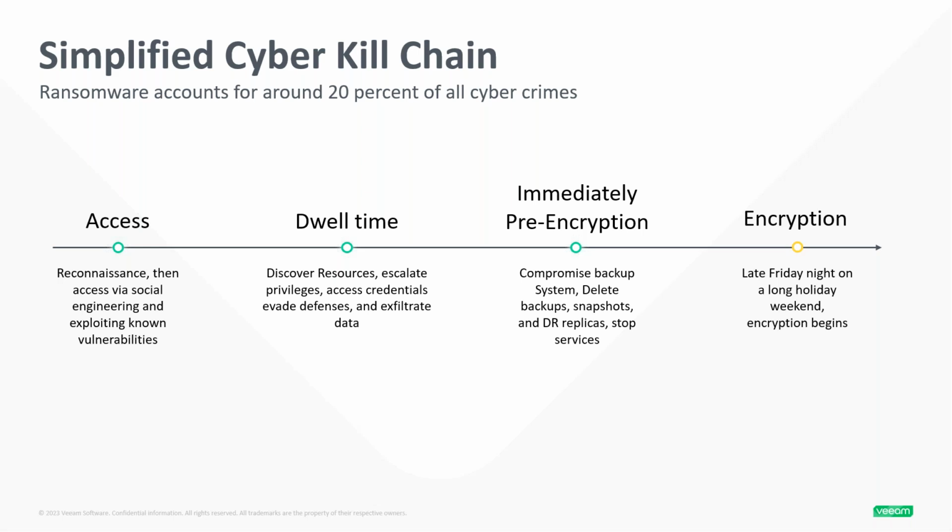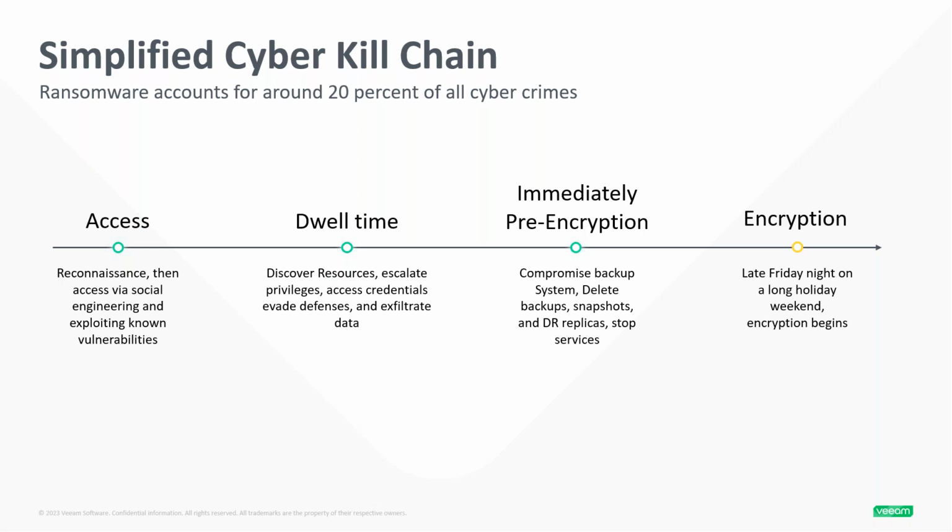Now, this timeline shows the assess portion, which is where a particular threat actor or attacker performs reconnaissance on your infrastructure through means like social engineering or exploiting unknown vulnerabilities. Now, the kill chain, where attackers are actually in the system, can range anything from 60 to 180 days.